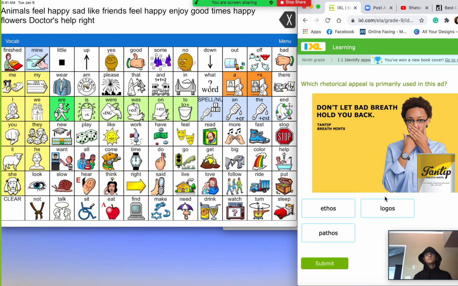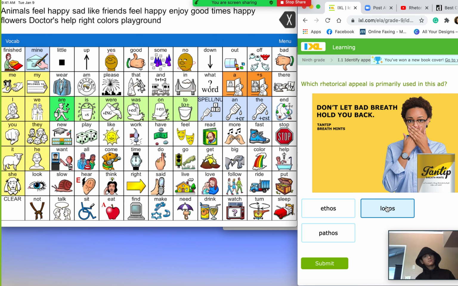Okay. So we'll just do a couple more for the sake of this, because this just needs to show the whole thing. All right. Why am I reading this? Tell me about this picture. What do you see? We can even talk about the color of the background. Oh, the playground, right?